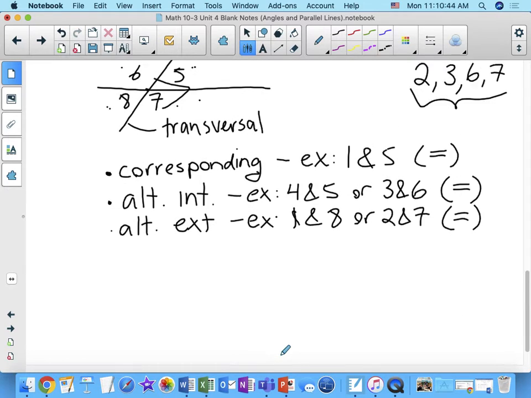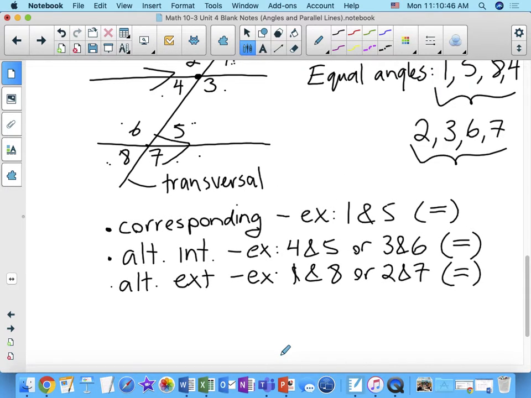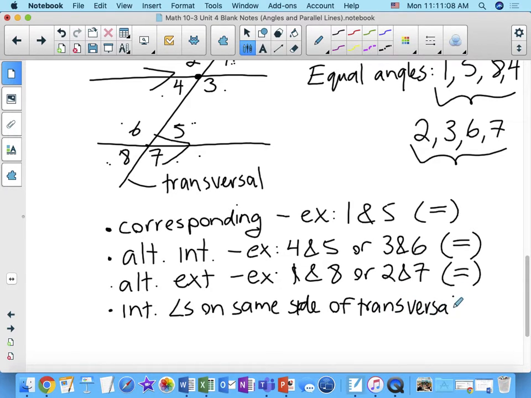And then the other ones that we can have are the interior angles that are on the same side of the transversal. Okay? So interior angles on same side of the transversal. This one's a bit of a mouthful. Okay, but luckily, it kind of sounds the way that it looks, right?